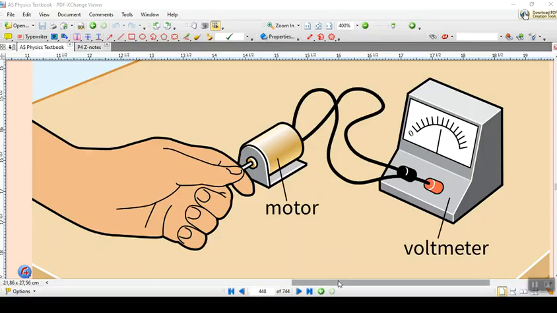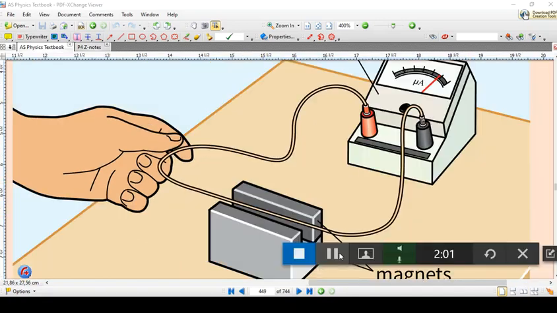Another way that we can observe this is to take an electric motor and manually turn it with our hands once it's connected to a voltmeter. We will see that while we are turning, there is a voltage being generated, but the moment we stop turning, the voltage stops.